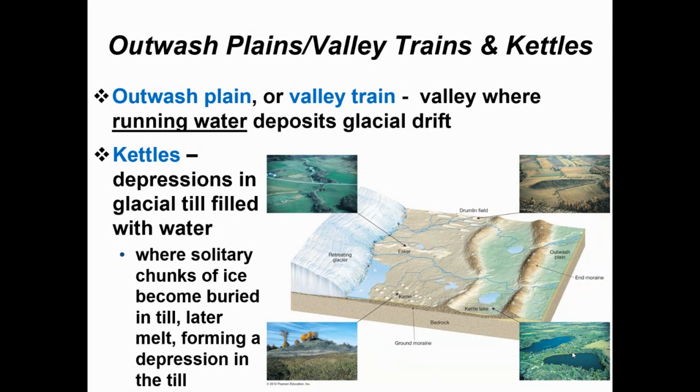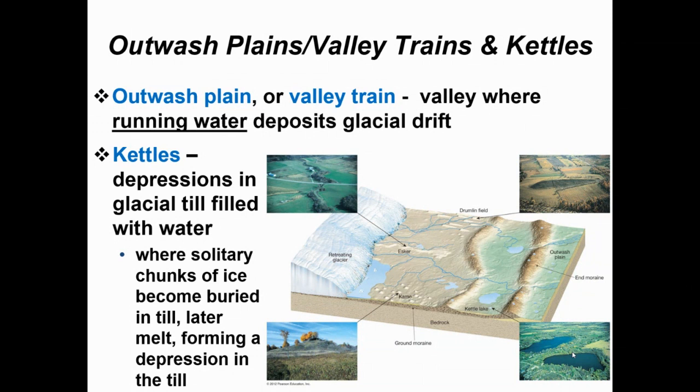Oftentimes what will happen with kettles is that large chunks of the ice sheet on the edge will cleave off. They'll basically crack off, and they'll just kind of fall to the ground. But they're heavy enough where they still depress the ground materials, the sediments. So they create a depression.